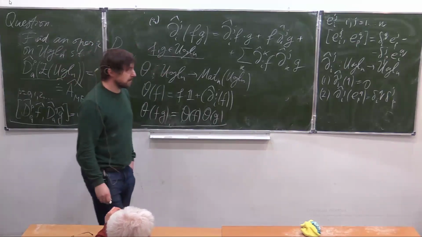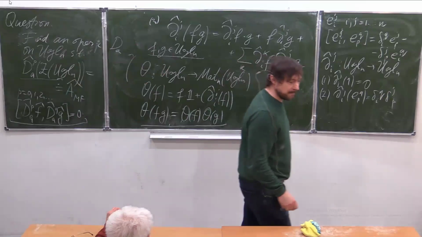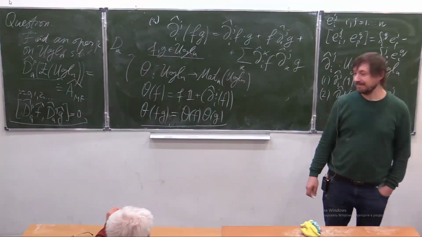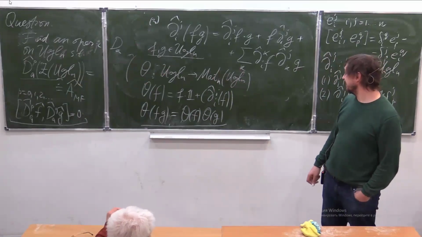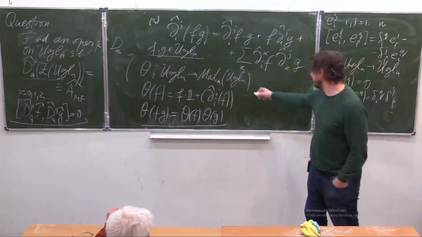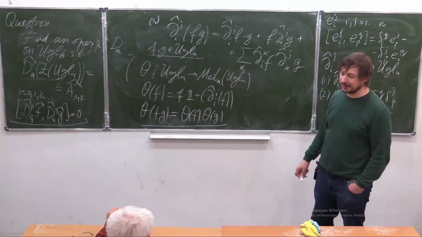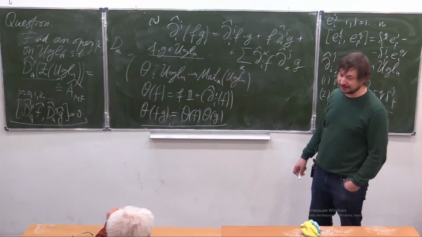So this is a way to embed the enveloping algebra into matrices over U(gl_N), right? But it's somewhat, let's say, a tautology.